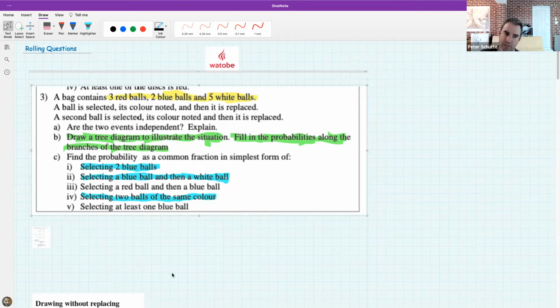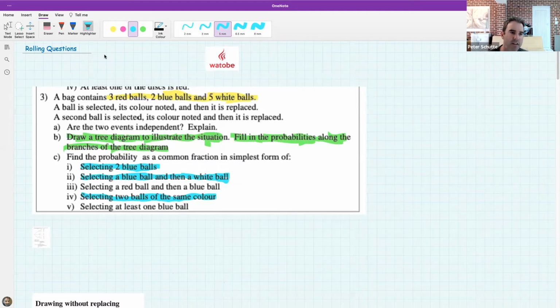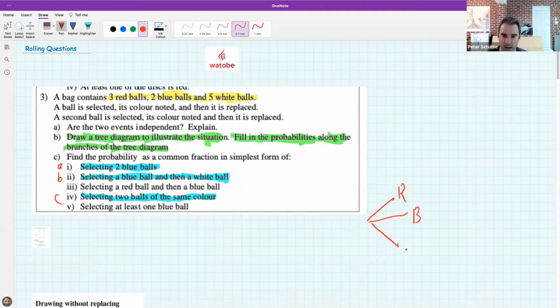Okay, so those who have finished the tree diagram, there are 3 questions that I've chosen to give you. You can try those, but for those who are feeling a bit unsure, I think you should start with a tree that looks like this, which has the 3 different options, which are red, blue, and white. But then each of these has 3 options because there are 3 colors.